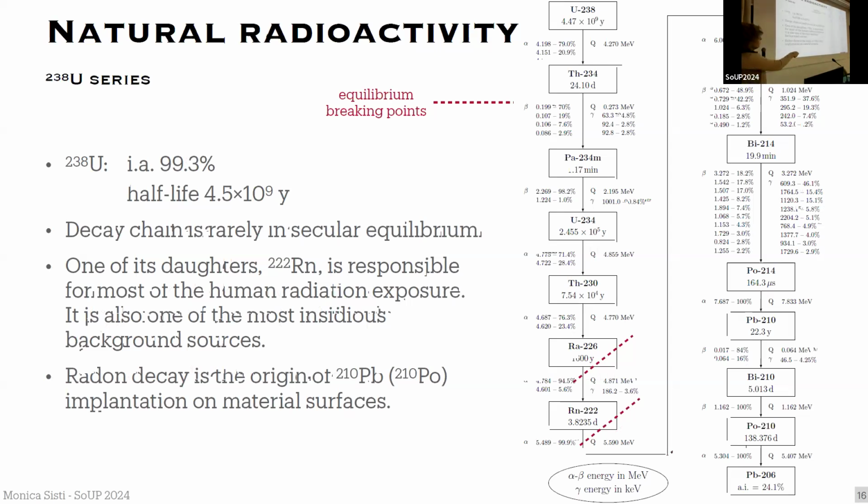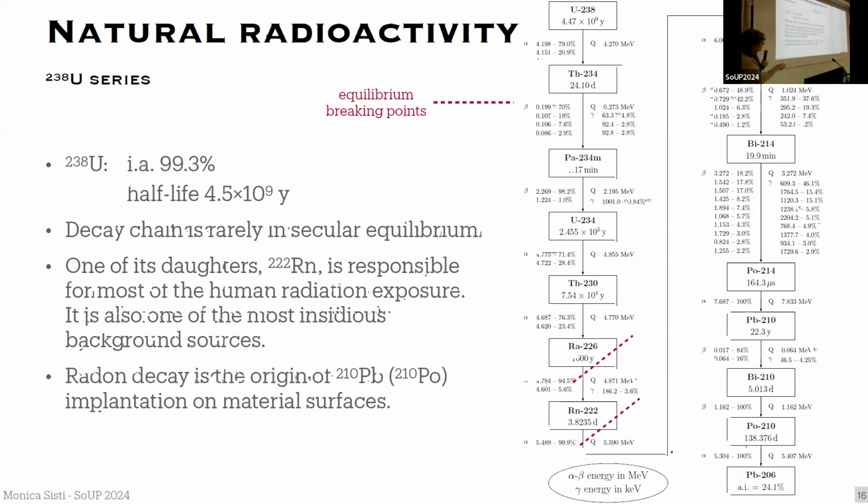So in the case of uranium, secular equilibrium happens roughly 5 times after the half-life of uranium-234 has passed. So it takes 1 million years to go to secular equilibrium. That's why this decay chain is rarely in secular equilibrium, because if you break it, it takes this long time. It depends where you break it. But if you break it here, it takes 1 million years to go back to secular equilibrium.